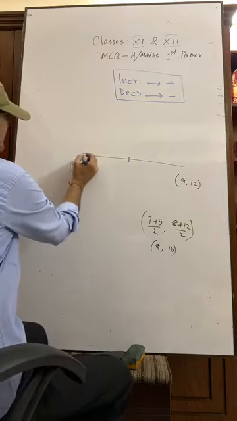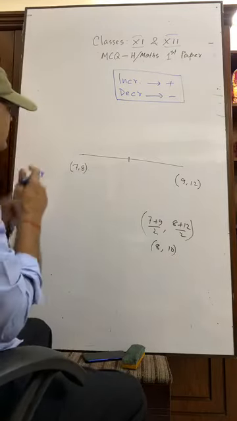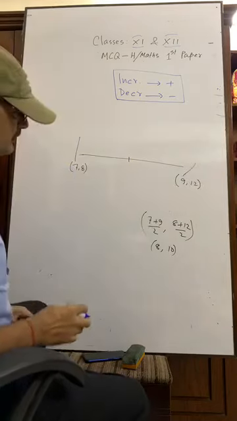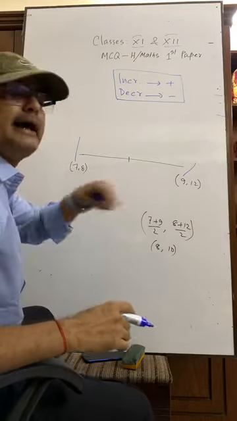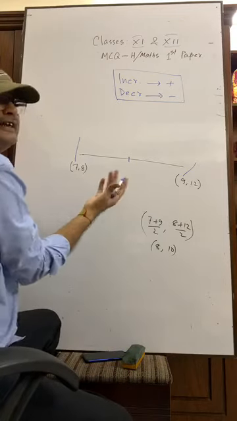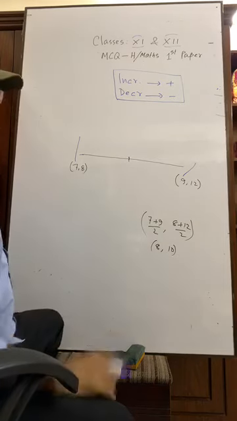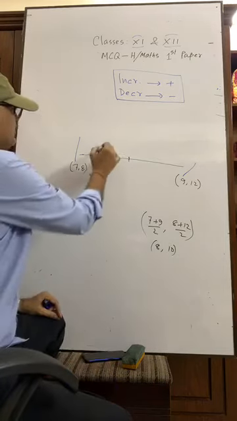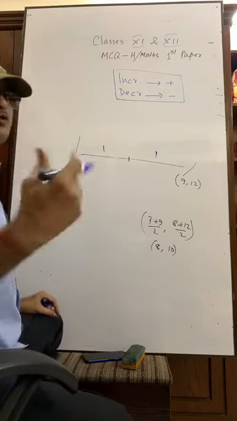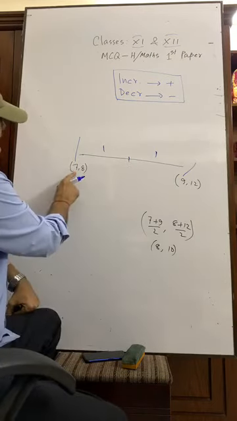But I will do this math a little bit in the hard way. Suppose, please see, what is the distance between 7 and 9? The distance is 2. So as it is the midpoint, this is 1 and this is 1. 1 plus 1 equals to 2. It is the midpoint, right? So this is 7 plus 1.